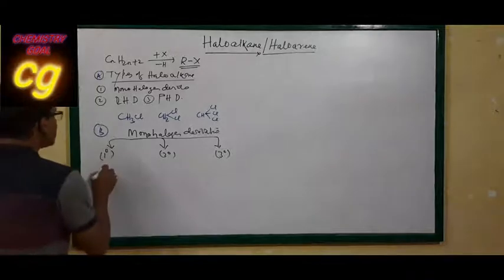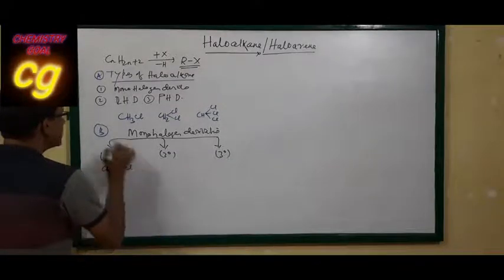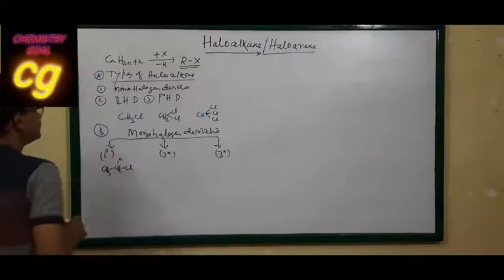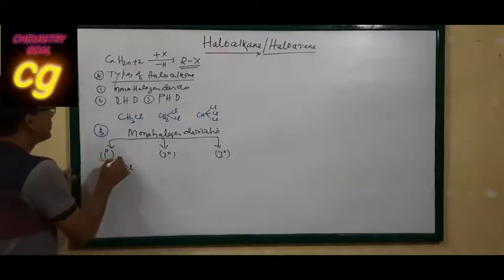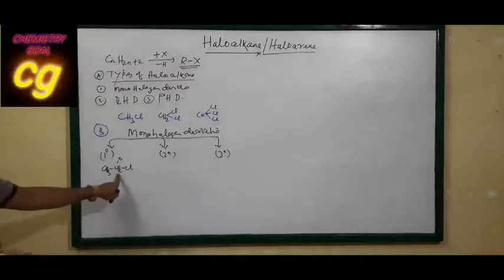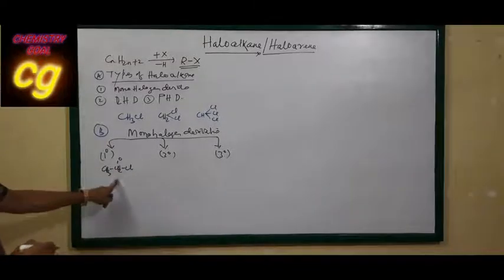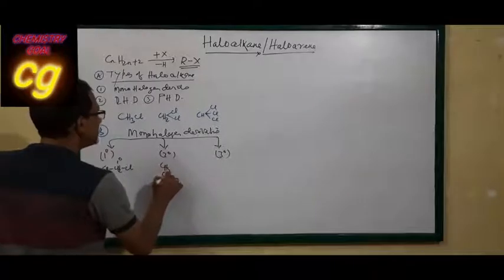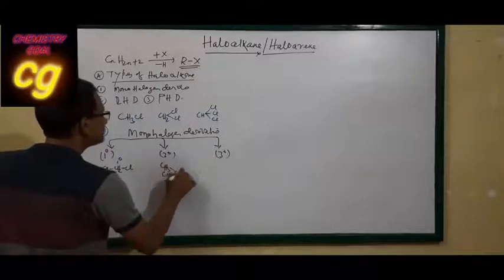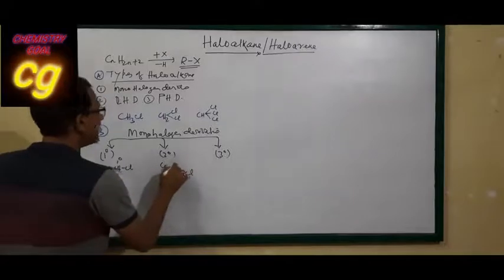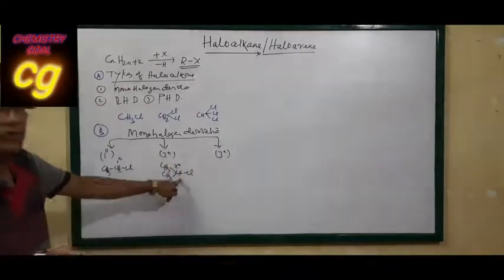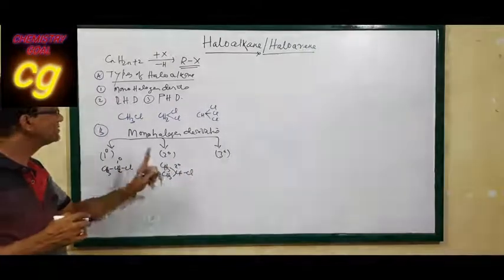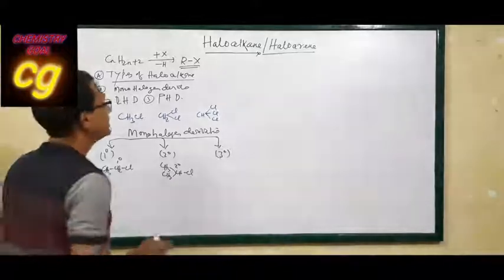For example, like this, CH3CH2Cl. Here this carbon is primary, so this is called a primary haloalkane. If you write like this, this is the example of secondary. As this carbon is secondary, this is a secondary haloalkane.